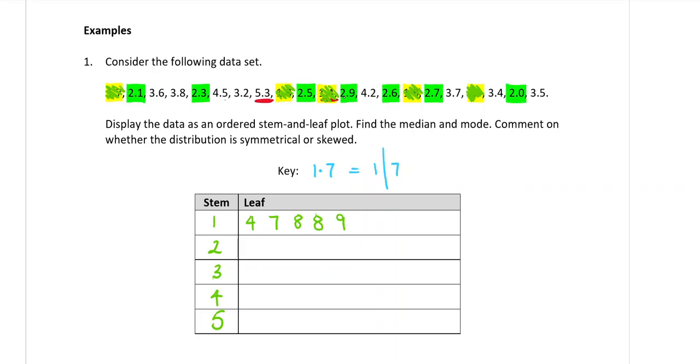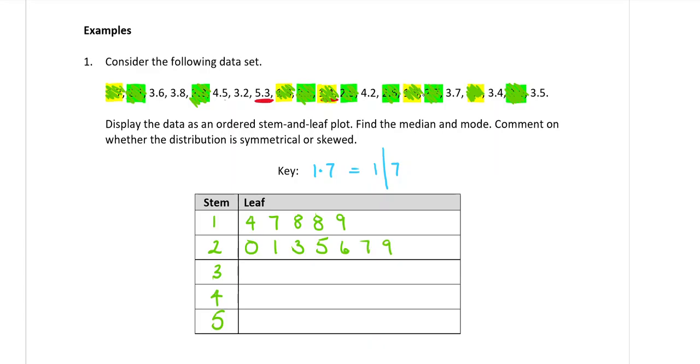Okay, which one's the smallest? 2.0, cross it off. Which one's next? Yep, cross it off. 2.1, next. 2.3, cross it off. Next, 5, cross it off. Next. Yep, 6, 7, and 9.